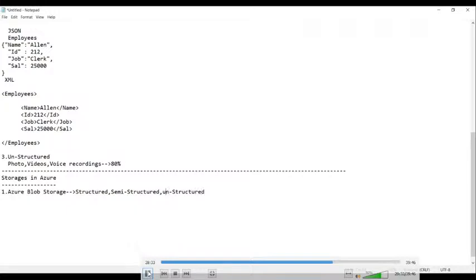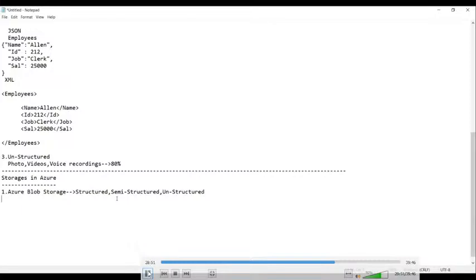Can you see here? These are the types we can store. So Azure Blob Storage can store any kind of data.